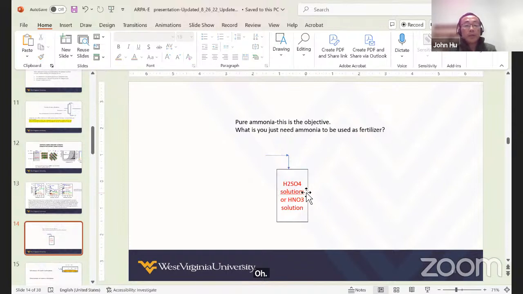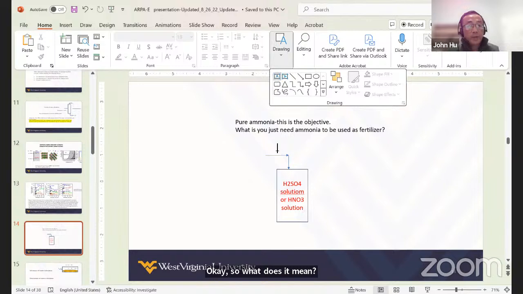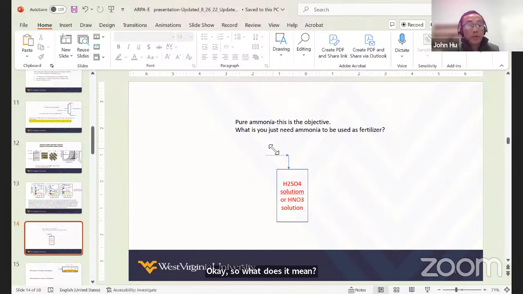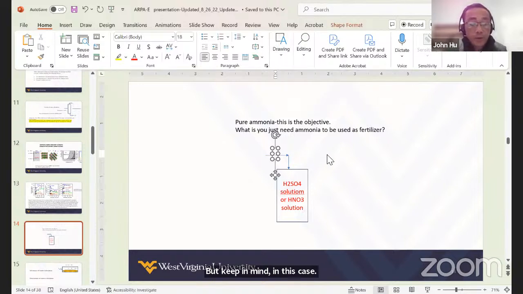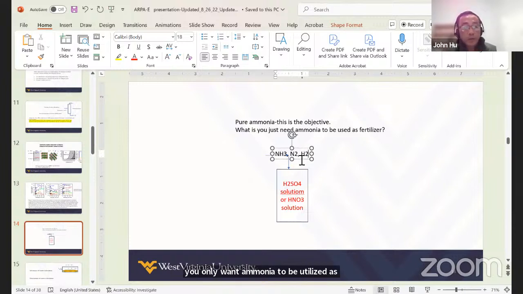Okay, so what does it mean? Keep in mind, this is what I learned from the group of farmers. In this case, you only want ammonia to be utilized as the fertilizer, not anything else.